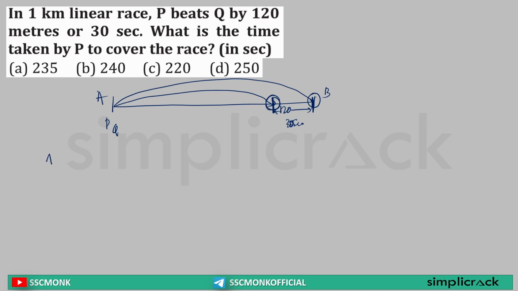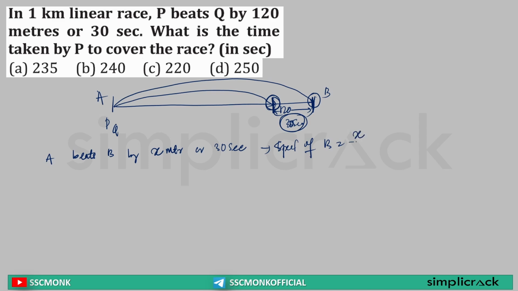See, whenever a question is written like this, A beats B by X meters or 30 seconds, this means in order to cover this distance, B will take 30 seconds.